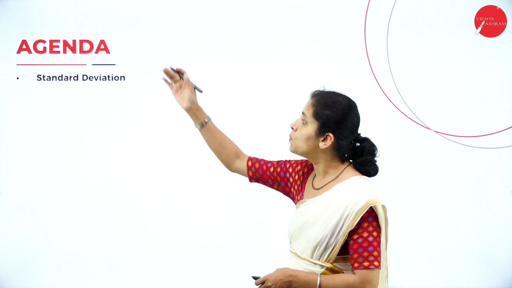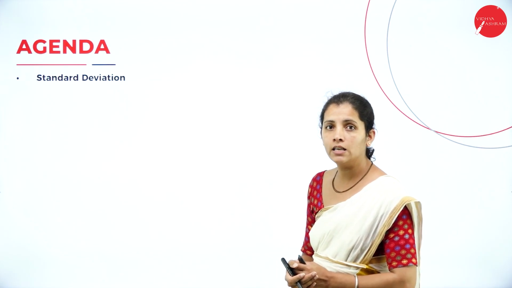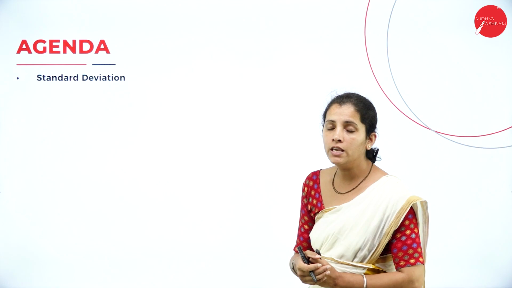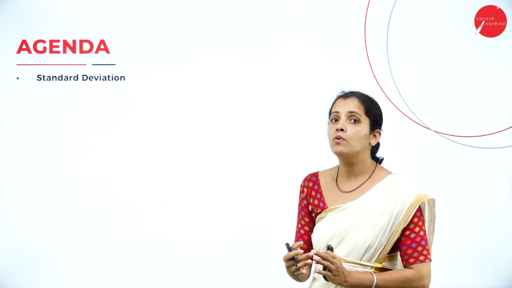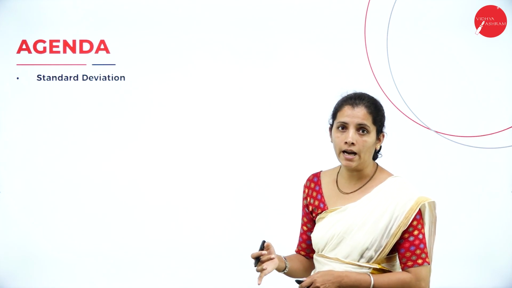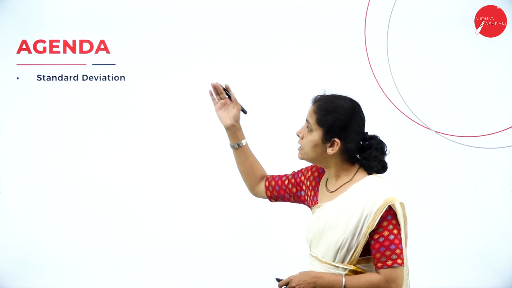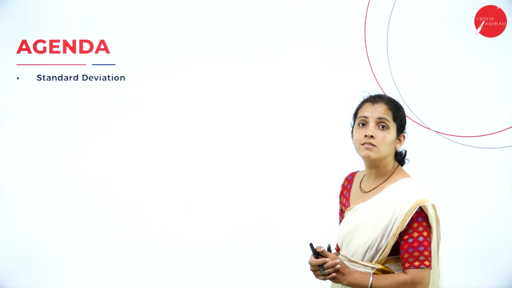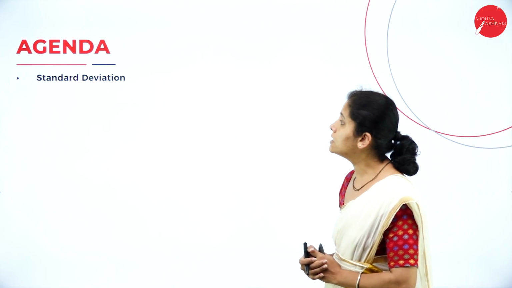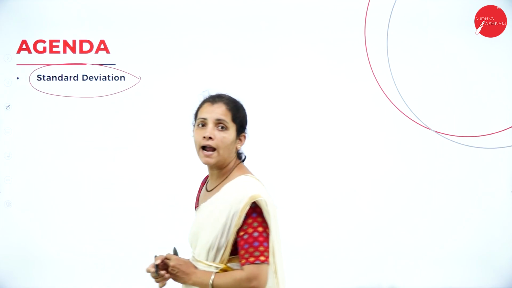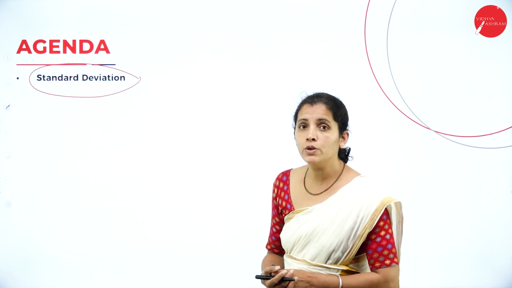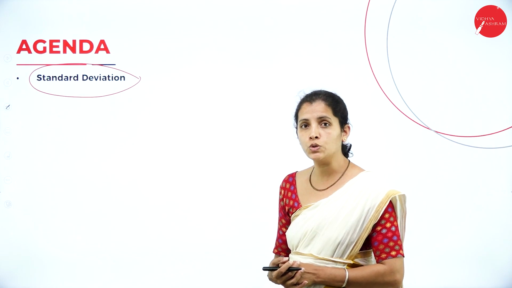And what are the topics I'm going to deal in my today's session? That is standard deviation. Under that, I'm going to have the group data, ungroup data, and the discrete data. So dear student, let me explain what is standard deviation. This standard deviation is a part of statistics, and it is mainly used to find the positive square root.